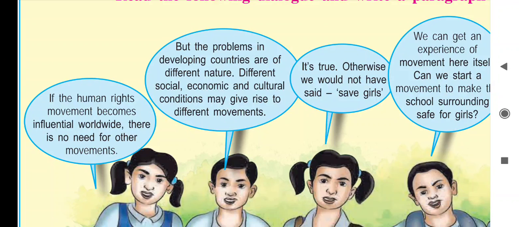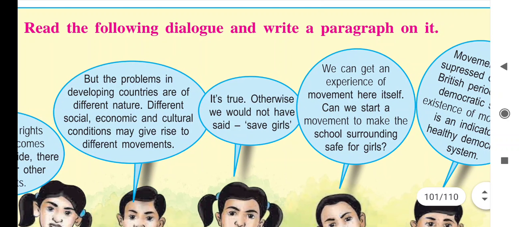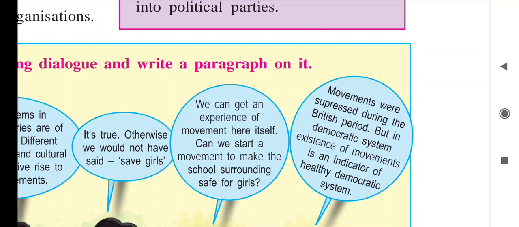Different social, economic, and cultural conditions may give rise to different movements. It's true, otherwise we would not have said save girls. We can get an experience of movement here itself. Can we start a movement to make the school surroundings safe for girls?